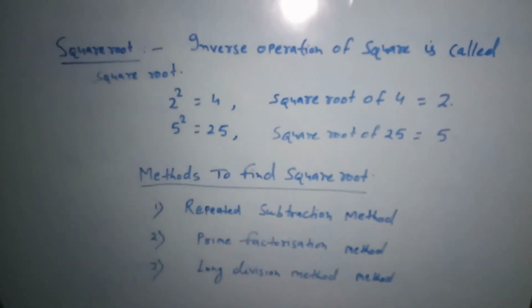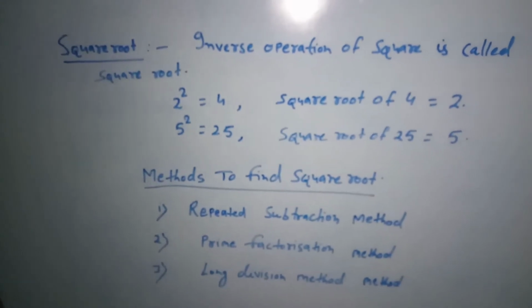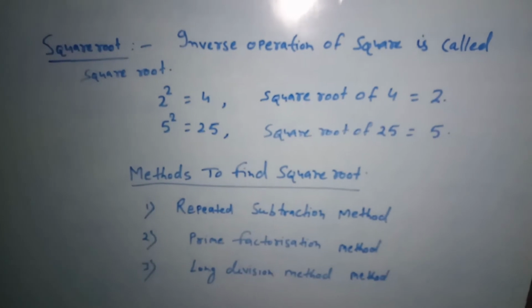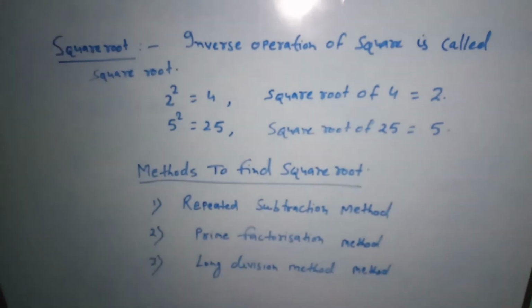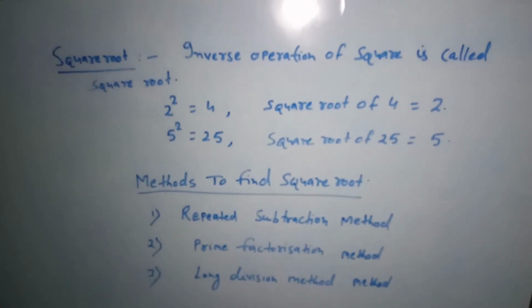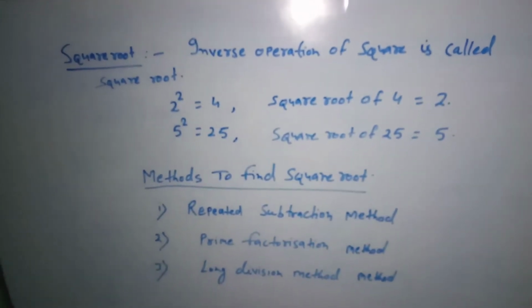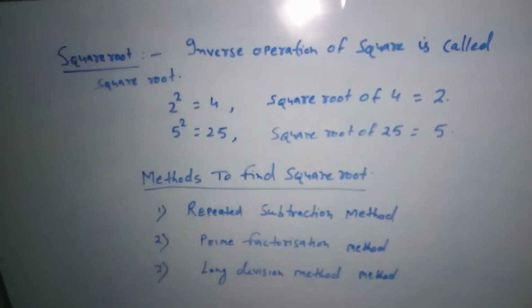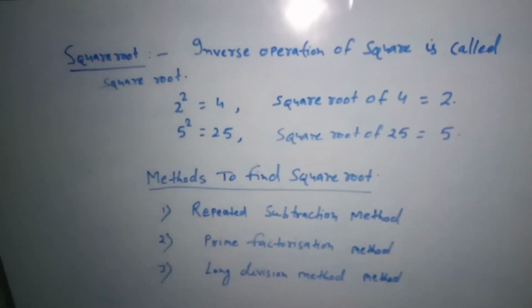The next topic is finding a square root. How do we find the square root of a given number? First of all, let us see what a square root is. The inverse operation of a square is called a square root.